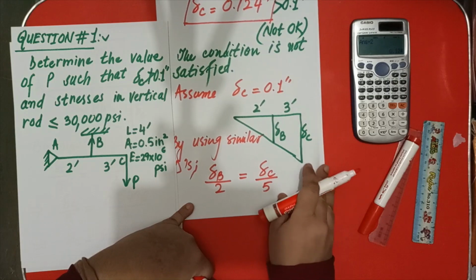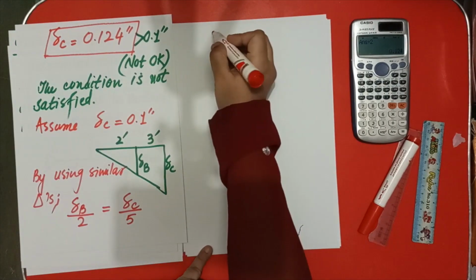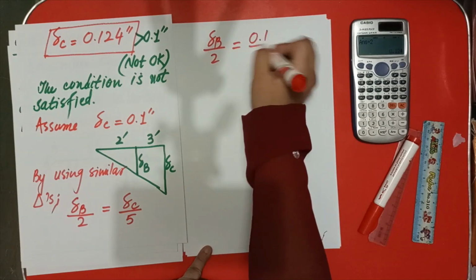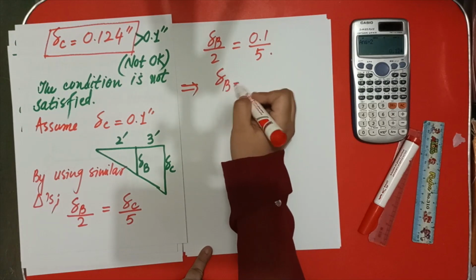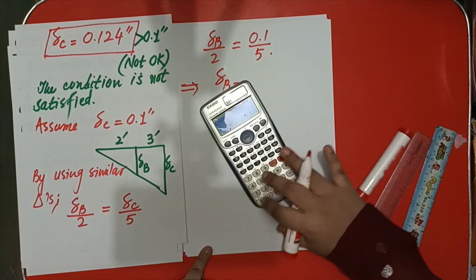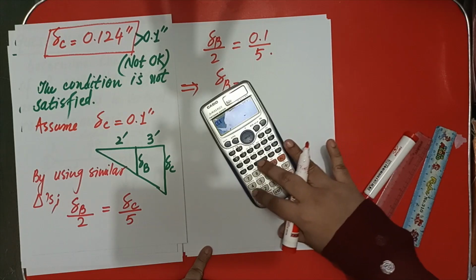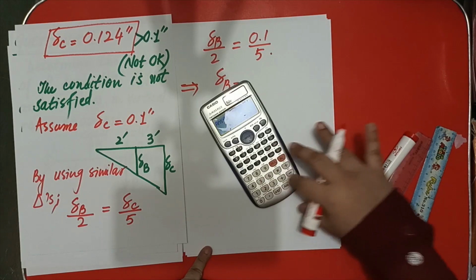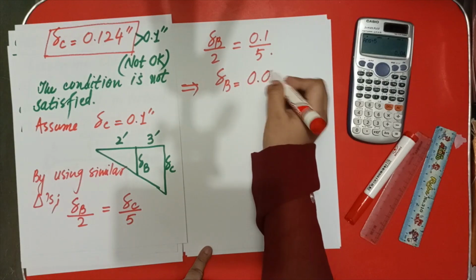Now I have to put the value of ΔC, 0.1 inches. So ΔB upon 2 is equal to 0.1 inches upon 5. So ΔB comes out to be what? 0.1 into 2 divided by 5. So it is coming out to be 0.04 inches.